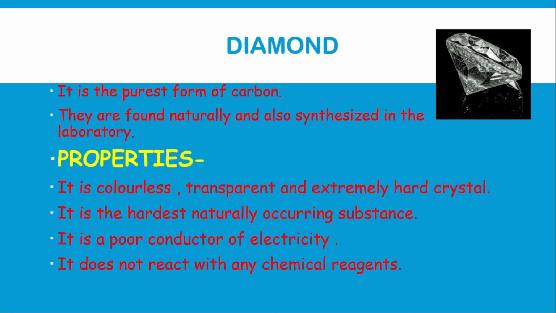And when we talk about the hardness, we can say that in diamond, all the four valence electrons are used up in forming the four covalent bonds with the other carbon atoms, and there are no electrons to carry electricity, so therefore it is a poor conductor of electricity. Density of diamond is 3.5 gram per cubic centimeter, and also it has a very high refractive index, that is, it has a sparkle. You can see diamond rings, they have a particular spark.